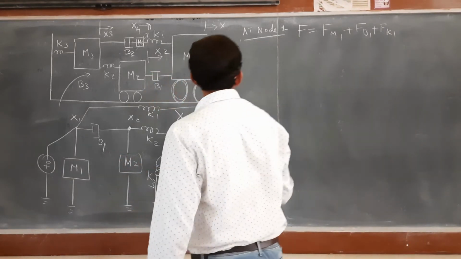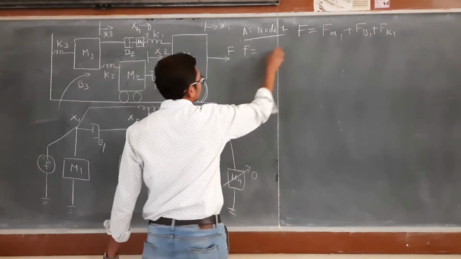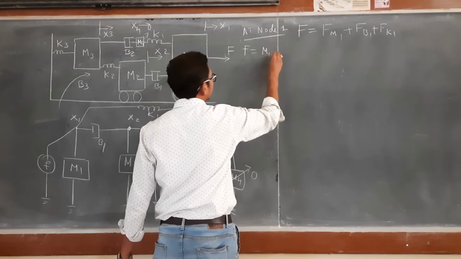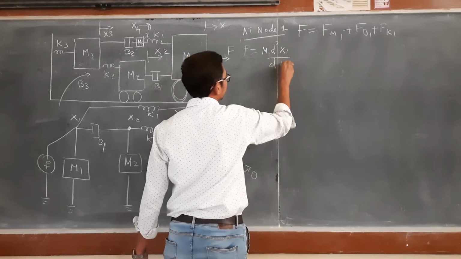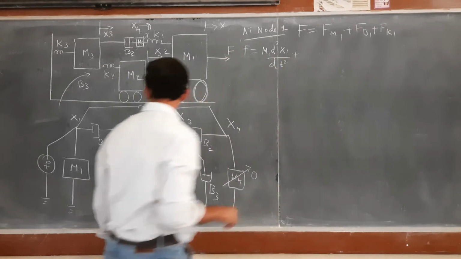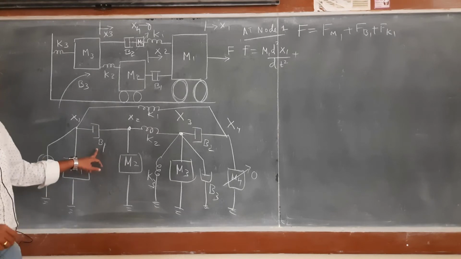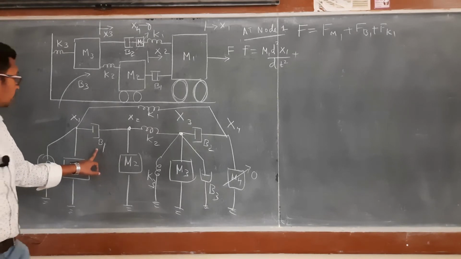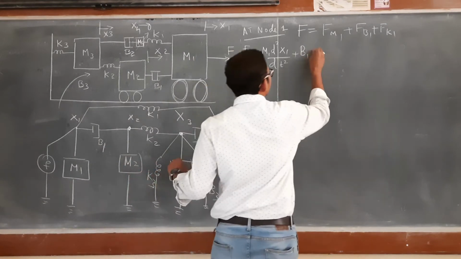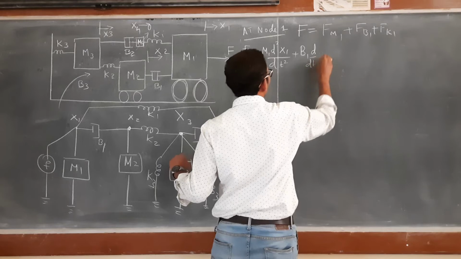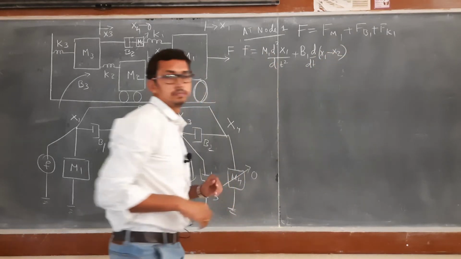So now let me write the definition. There is an applied force, yes. So M1 d square x1 by dt square plus what else we have? We have B1. This B1 is between node 1 and node 2. So therefore this will be B1 d by dt of x1 minus x2.